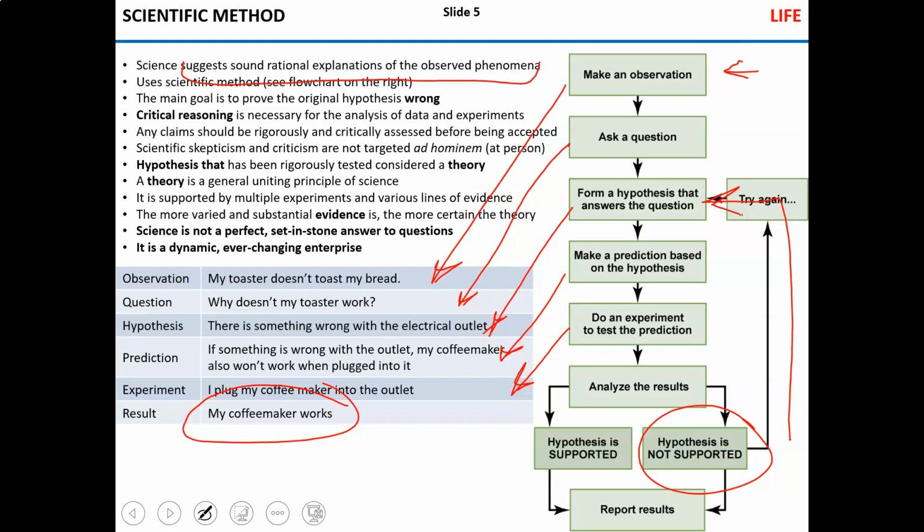If hypothesis is supported, we would report the results. We would say to the electrician, I tried this, I tried that. Looks like there's a problem with an outlet. Okay? So, during the results analysis, it's critically important that we apply reasoning that is unbiased, that is rigorous, okay?